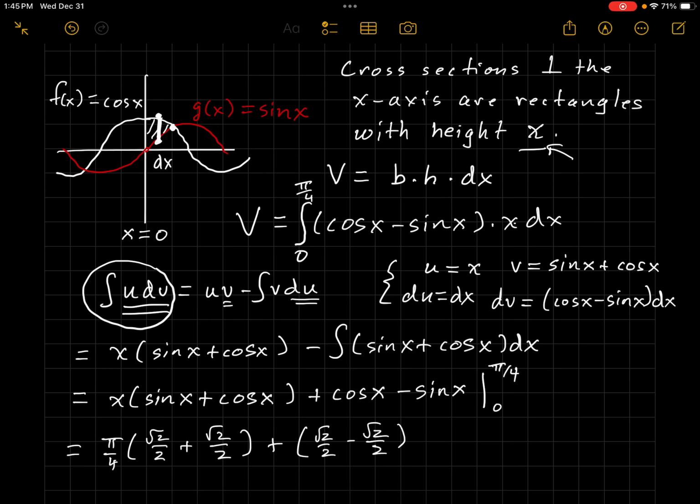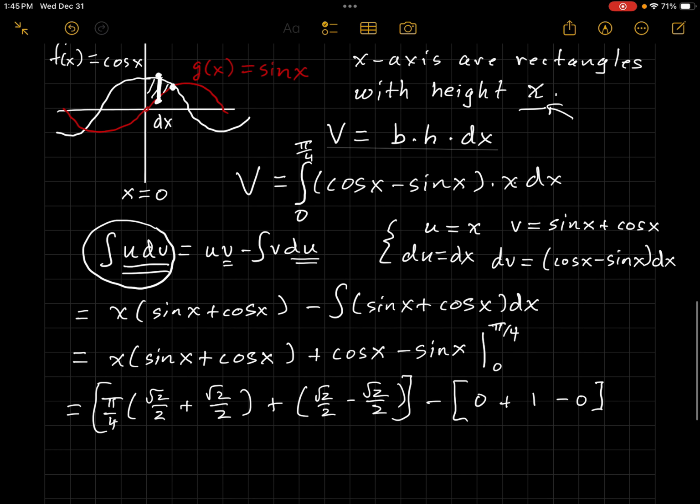And that is the upper limit. Now we can subtract and plug in the lower limit. I get 0 times something, so it doesn't really matter, plus the cosine of 0 minus the sine of 0. So this part goes to 0.